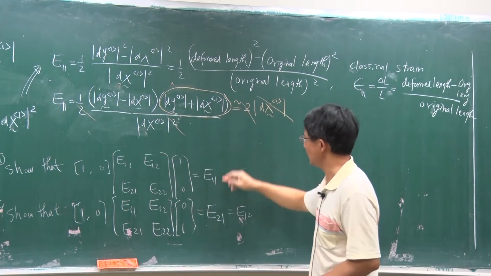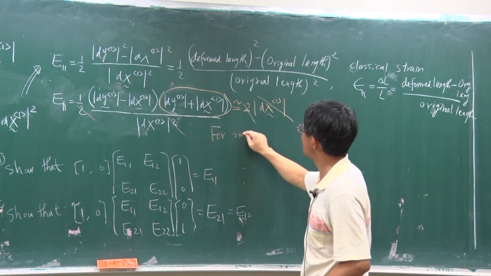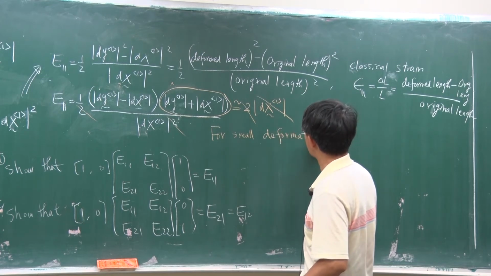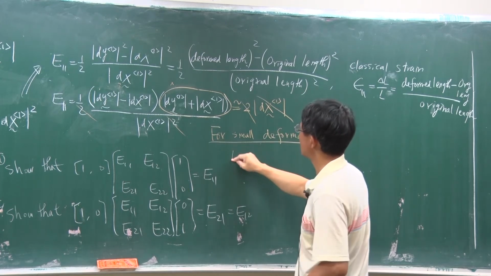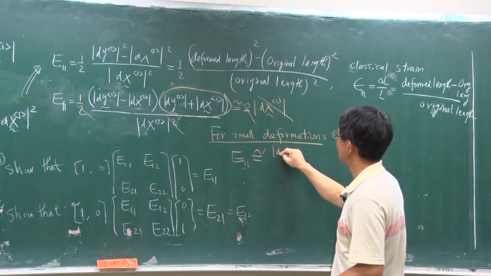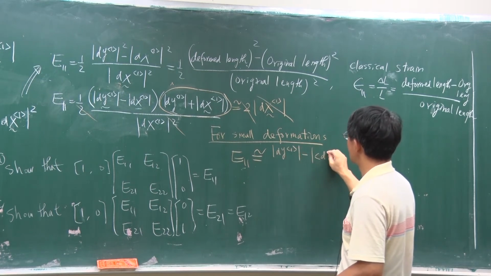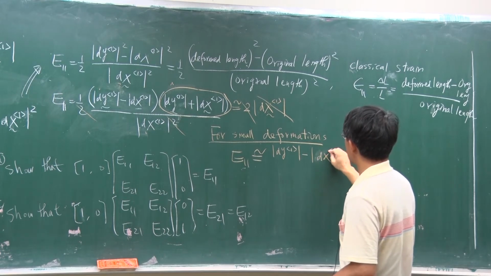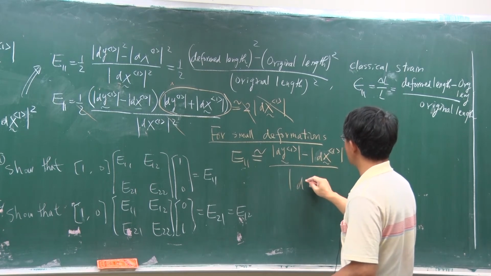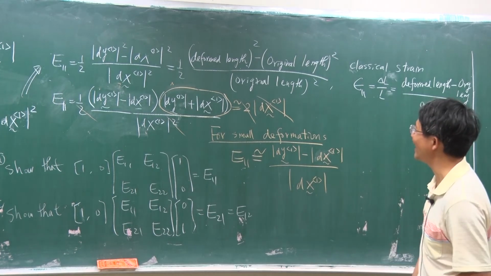So for small deformations, we get the classical strain again in this limit.